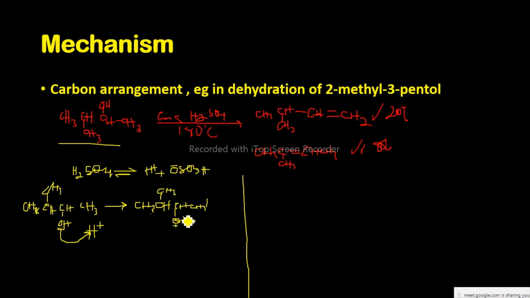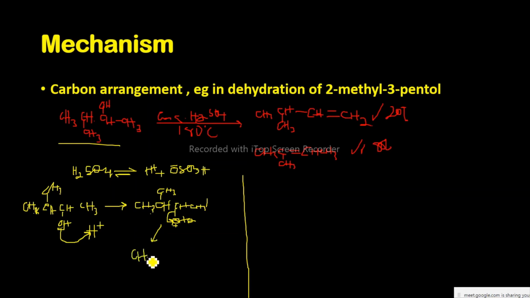Because this is a good leaving group, it will easily take away the electrons from the carbon-oxygen bond, and so it is lost as a water molecule.